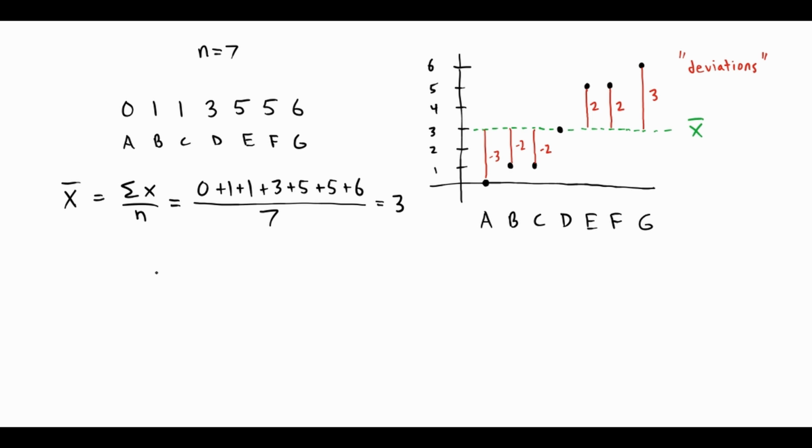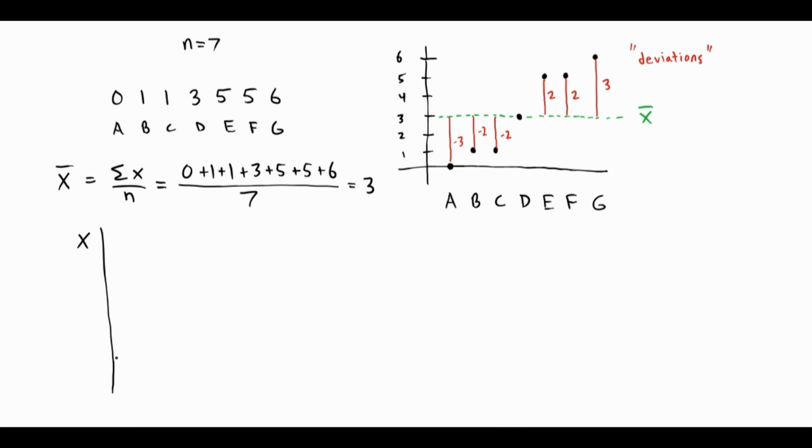So, to get started calculating it, you just need a column for X and a column for X bar. And then we can have X minus X bar. And we'll just list every piece of data that appears in our data set, with repetitions if there are any.